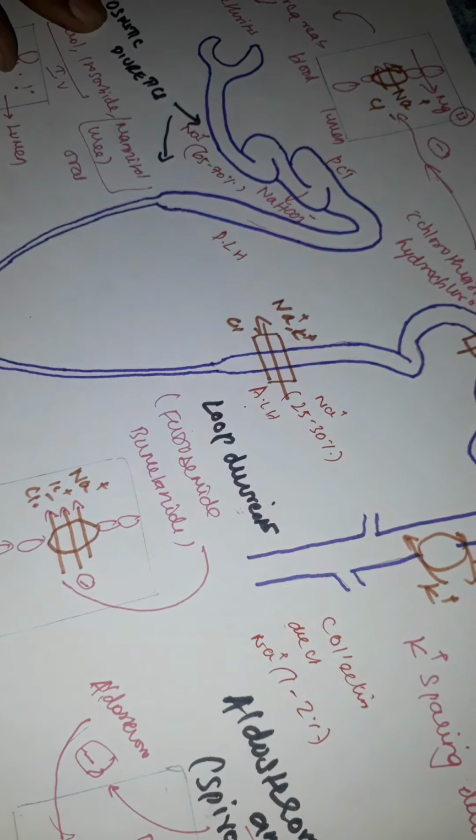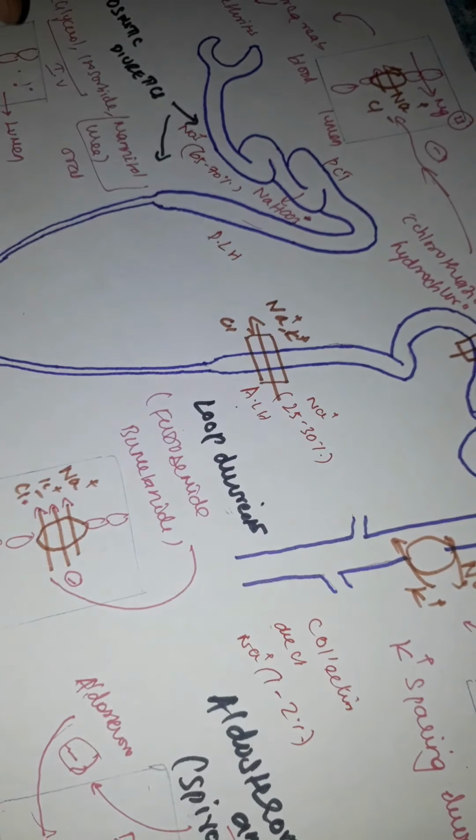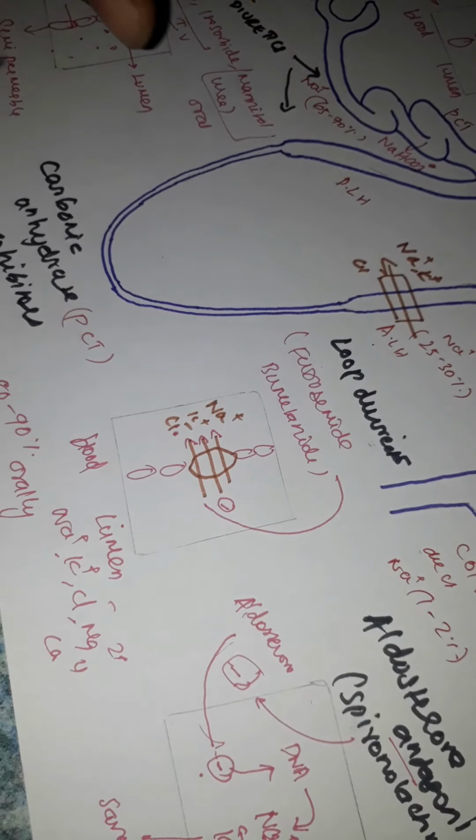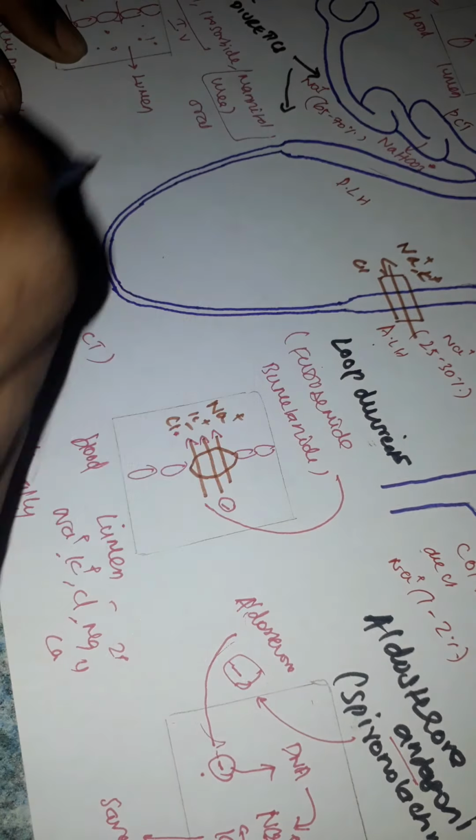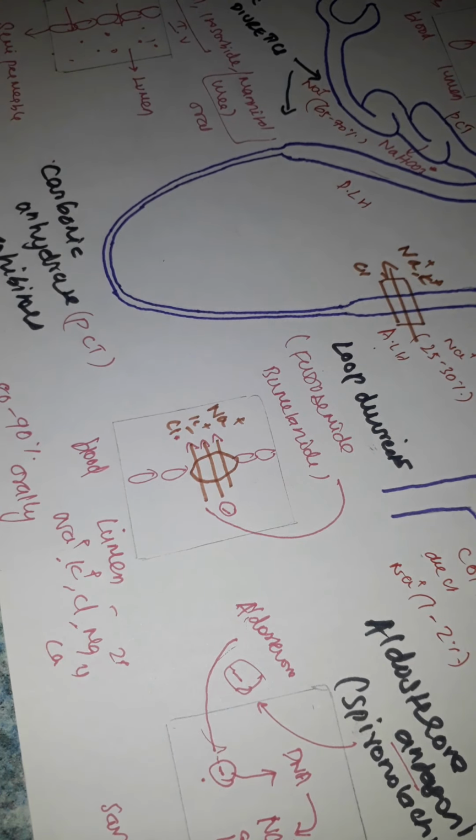By doing this, sodium is not reabsorbed and is excreted via the collecting duct. These carbonic anhydrase inhibitors and osmotic diuretics are both weak diuretics.